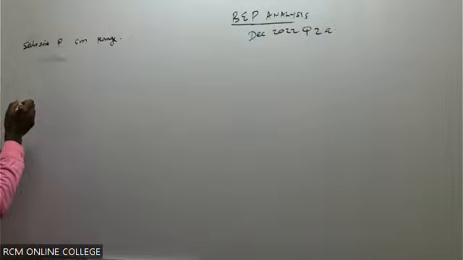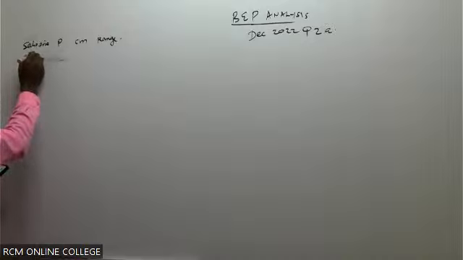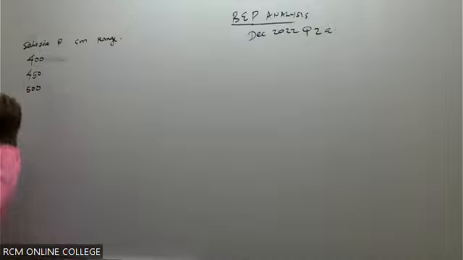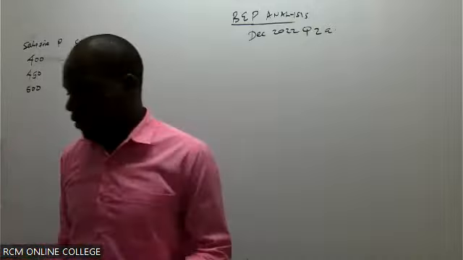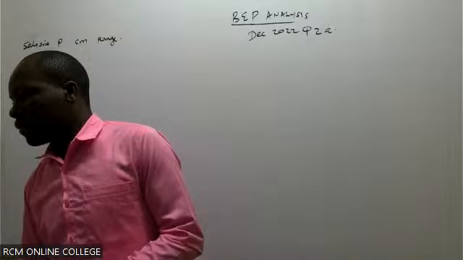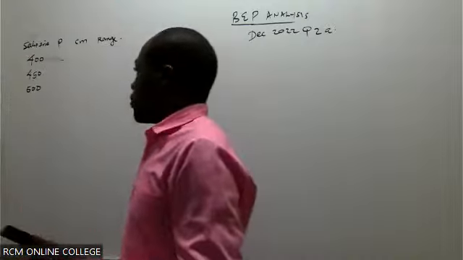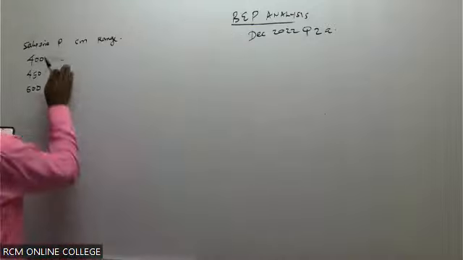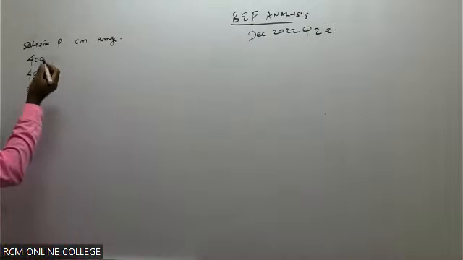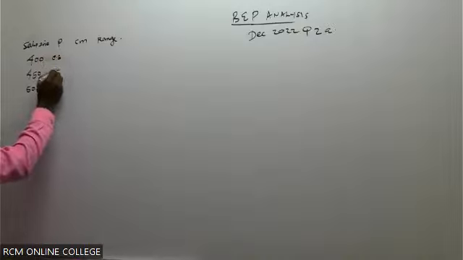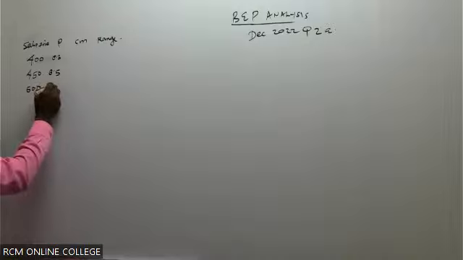So we are going to have 400, 450, 500. So the probabilities here, we have 0.3, we have 0.5, we have 0.2.